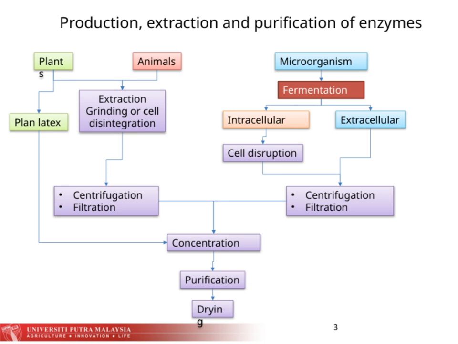Finally, the concentrated enzyme solution is subjected to drying to remove excess moisture, ensuring stability and ease of storage. Sometimes, further purification steps like additional centrifugation or filtration are necessary to achieve the desired enzyme purity for industrial applications.